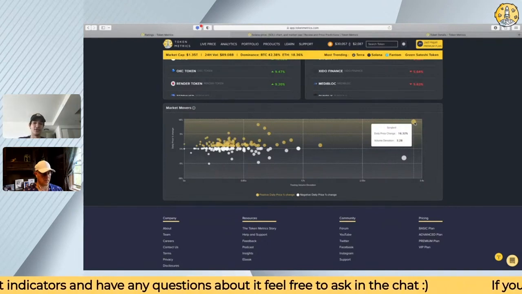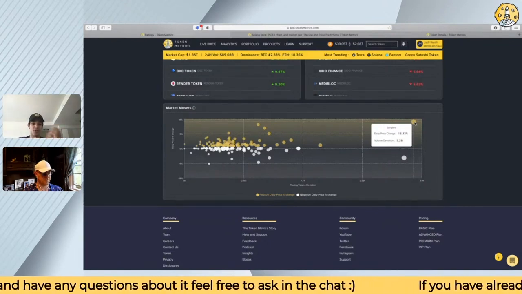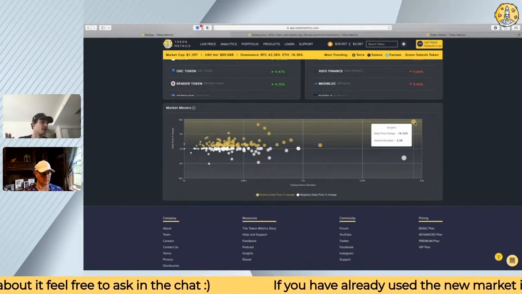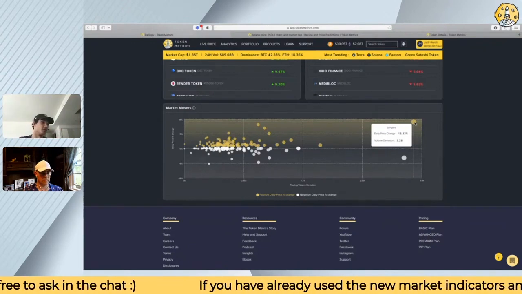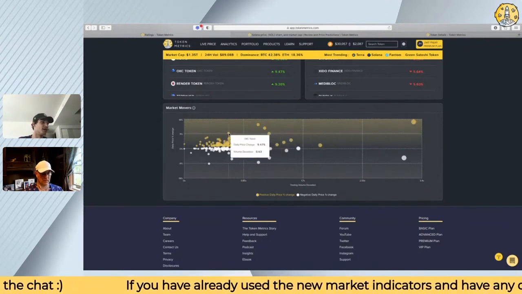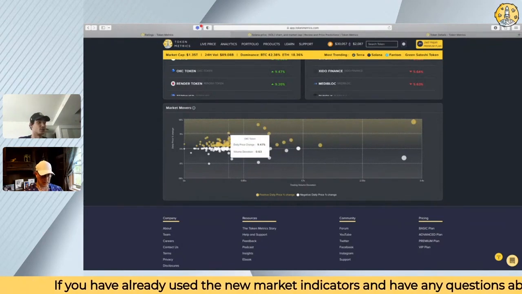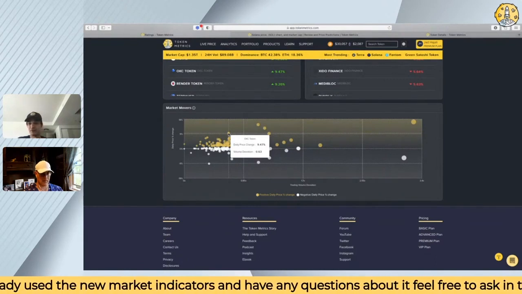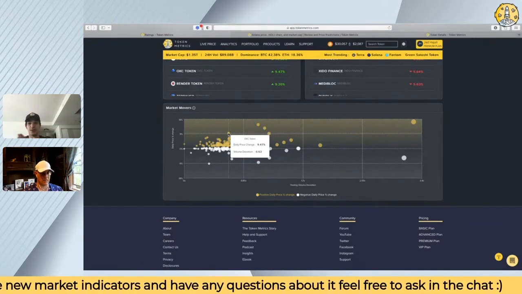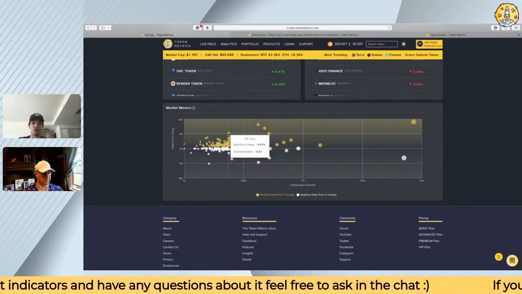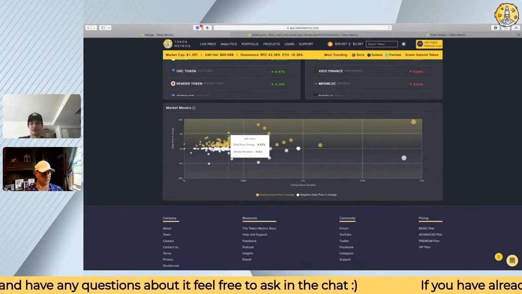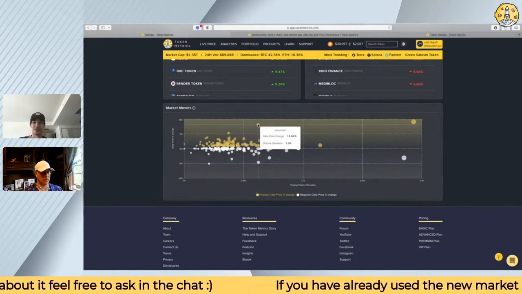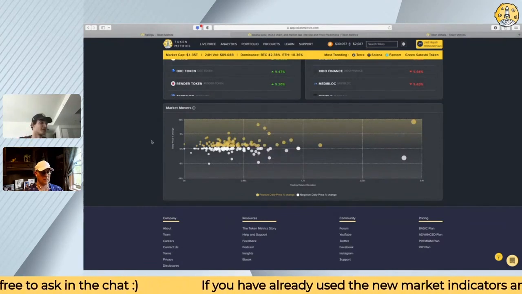So you can see that there is a lot of strength behind this move because volume has been going up a lot with price going up. Compared to other coins, like OKC token, which did go up around 10%, but the volume is still lower than the previous 10 days, so you don't see huge strength behind this price change. So this is how I would use this chart.